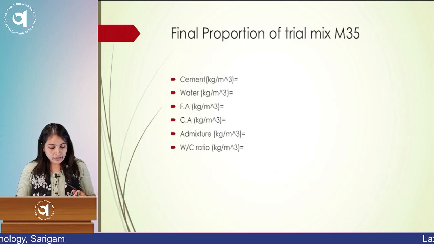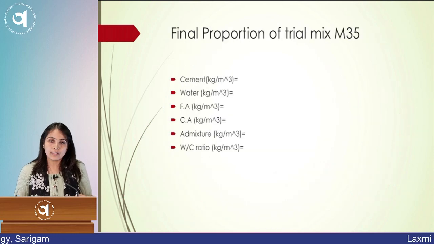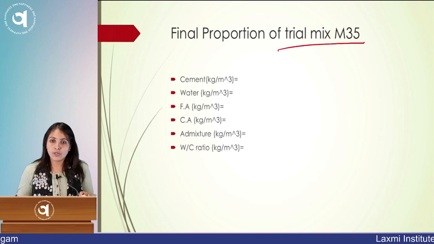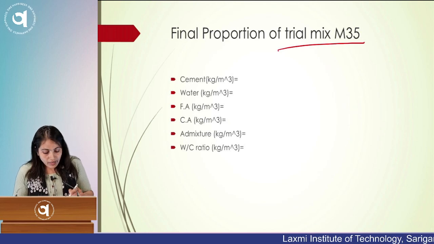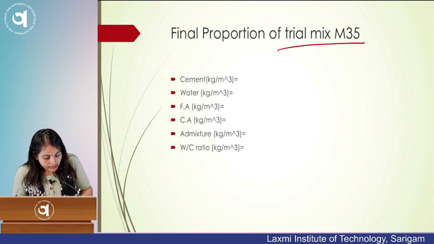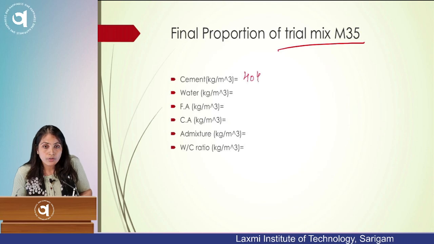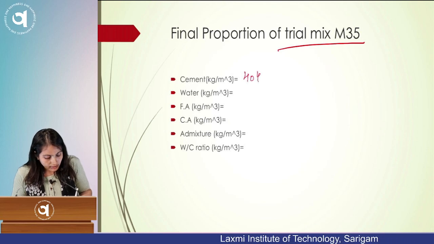So, here I will calculate the proportion of the trial mix. I got each and every ingredient in kg per meter cube. So I will calculate the proportion of cement, water, fine aggregate, coarse aggregate, admixture and water cement ratio. Cement is 404 kg per meter cube. Water, how much you got? It is 181.82.